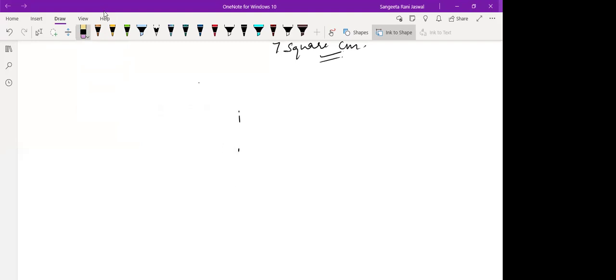You make a square in your notebook and make lines in that. If you have a square notebook, that's okay.